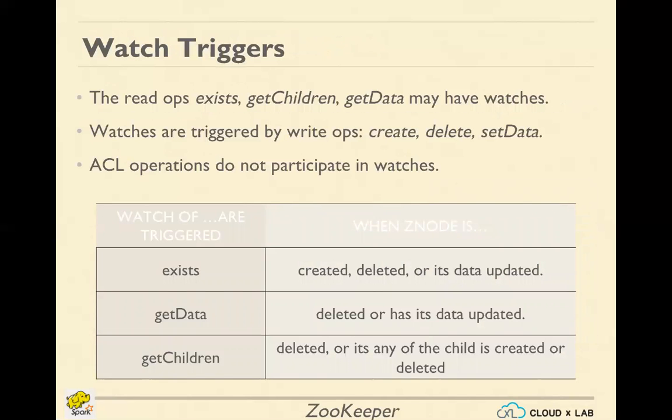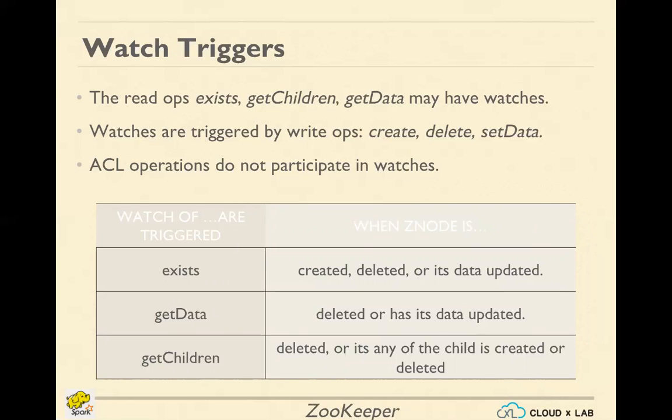And you can create your triggers or watches by way of calling functions like exist, get data, and get children. So the watches of exist get executed when a znode gets created, deleted, or data gets updated.